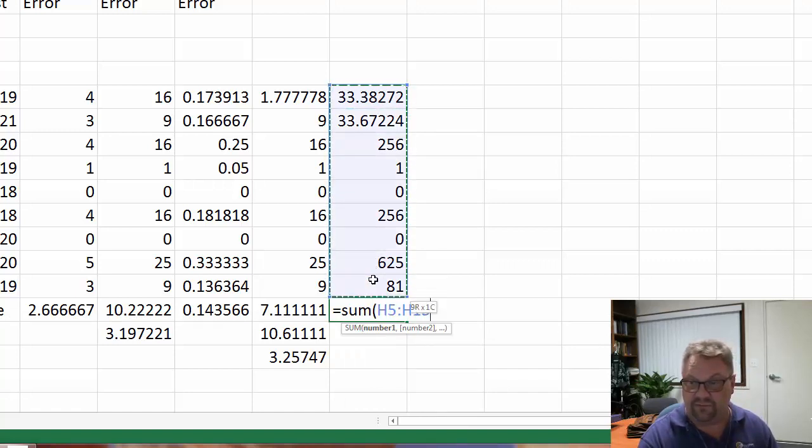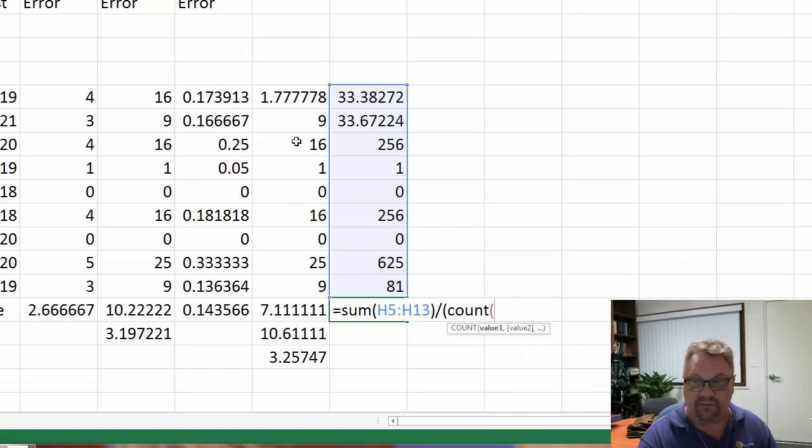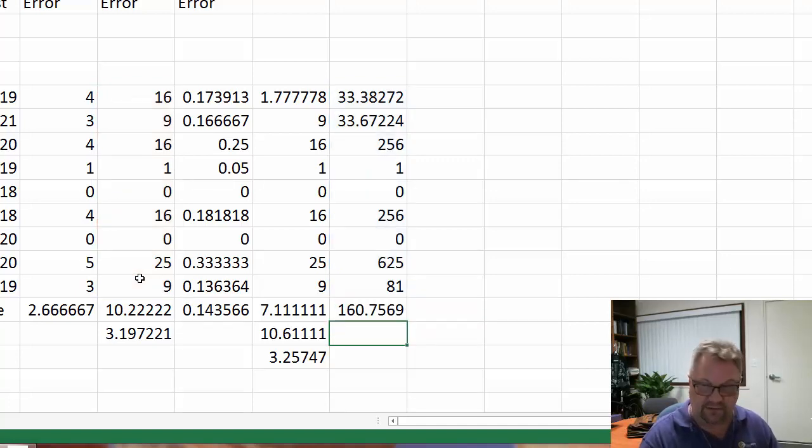This is just the variance formula from your stats class. The sum of that divided by n minus 1. So that's the count of my observations, minus 1. And then same thing, take the square root.